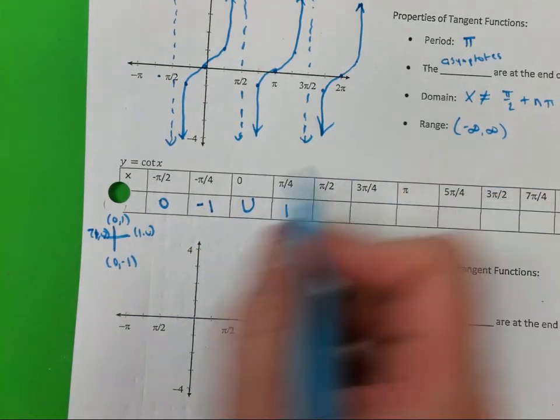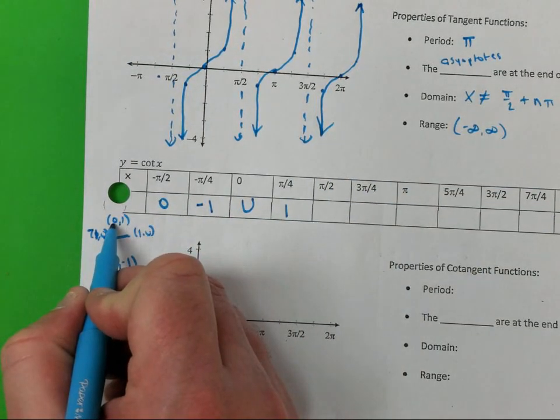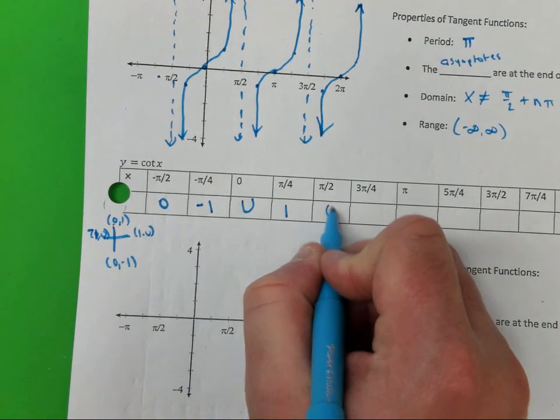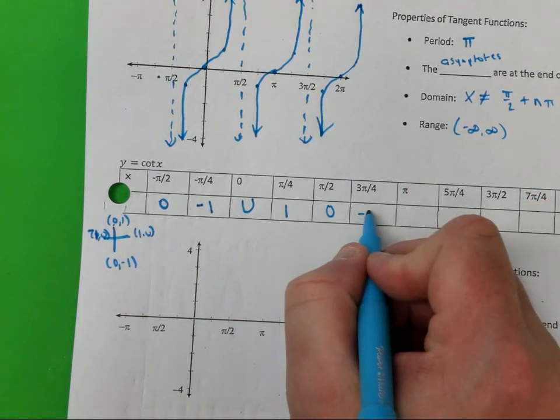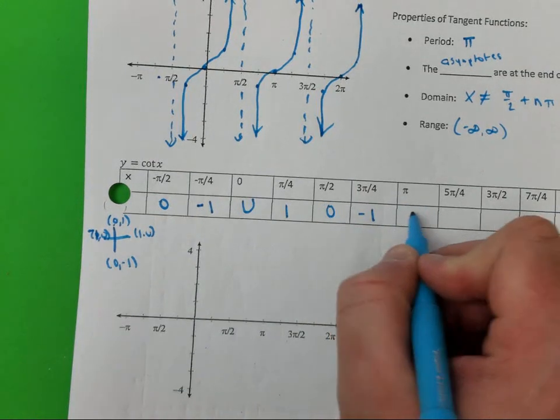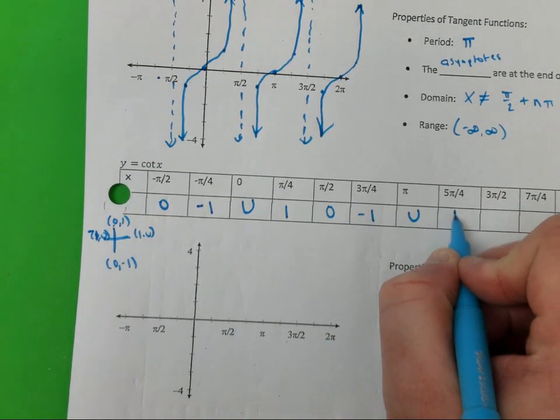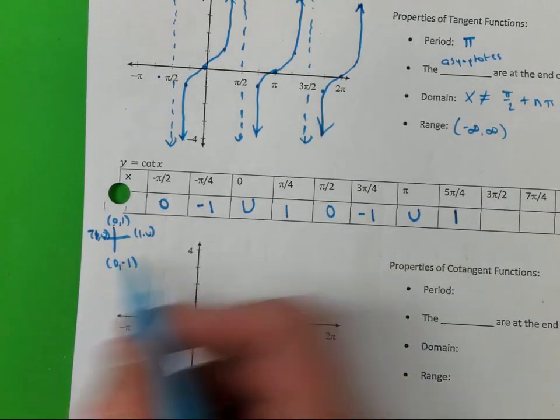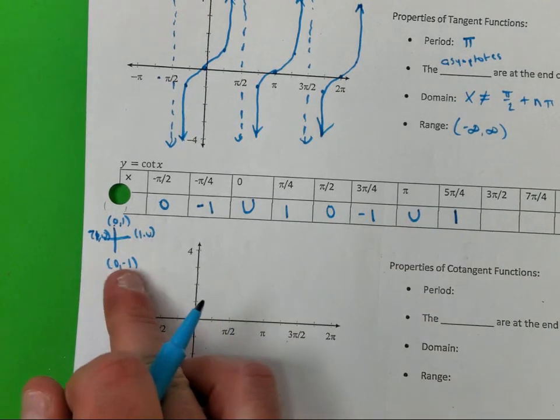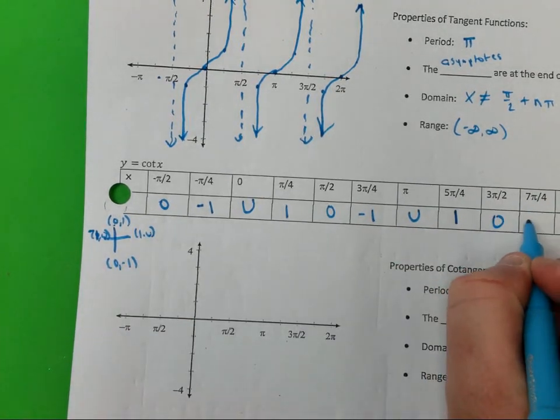Pi over 4 is 1. Pi over 2, x divided by y is 0. 3 pi over 4 will be negative 1. Pi will be undefined. 5 pi over 4 is 1. 3 pi over 2 would be x divided by y, 0. 7 pi over 4, negative 1.